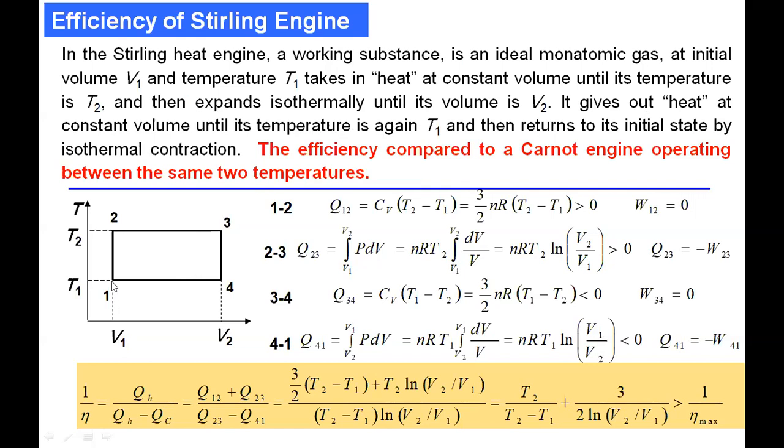It takes in heat at constant volume until its temperature is T2, and then expands isothermally until its volume is V2. It gives out heat at constant volume until its temperature is again T1.